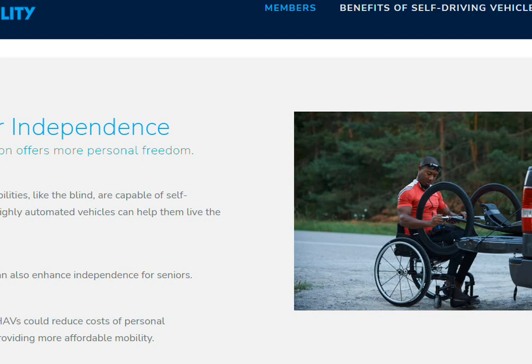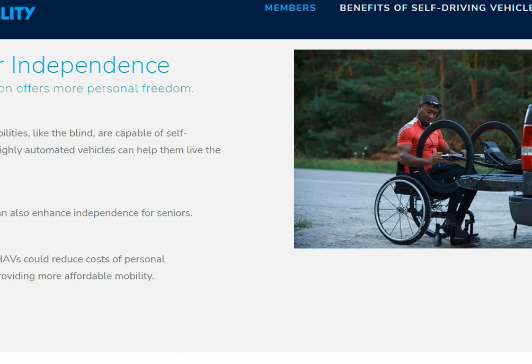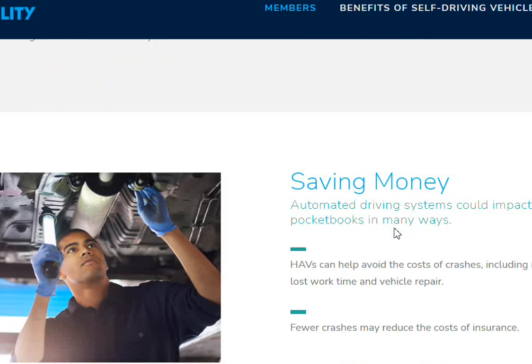For example, people with disabilities like the blind are capable of self-sufficiency, and these kinds of cars can help them live the life they want. And yeah, these vehicles can also enhance independence for seniors who cannot drive anymore.